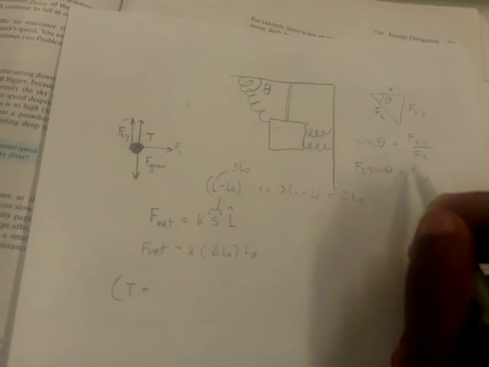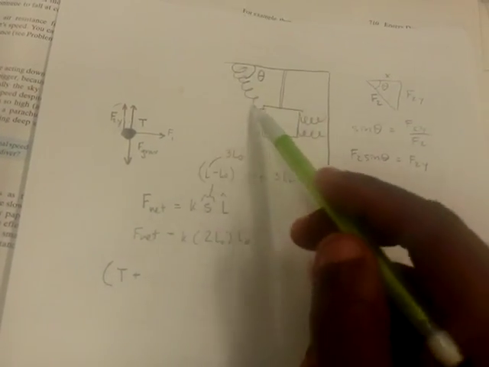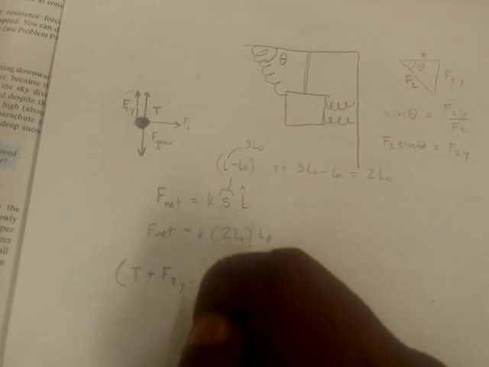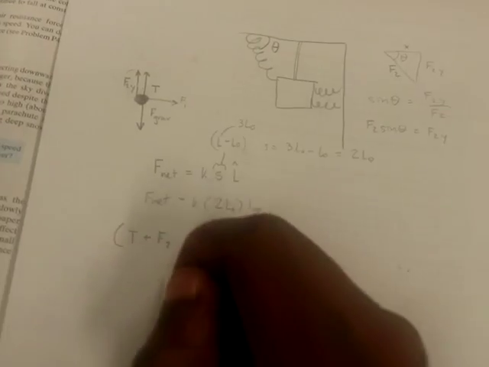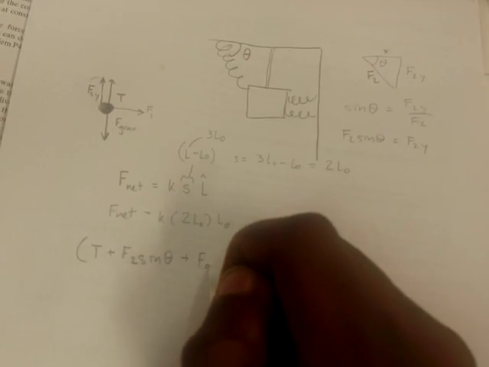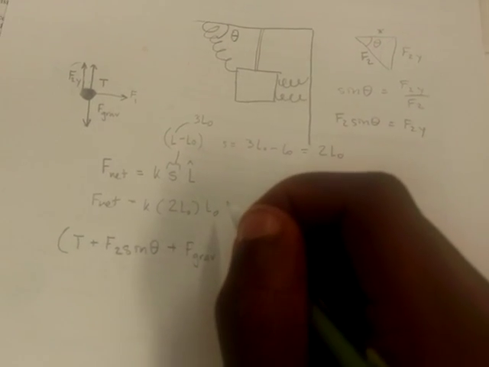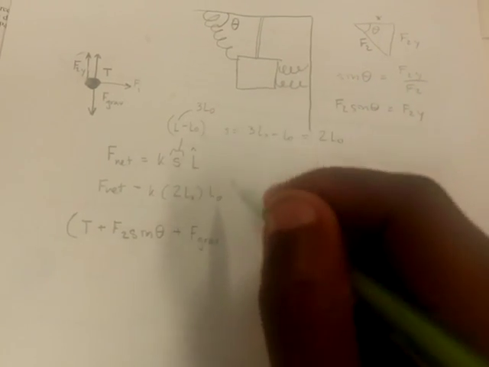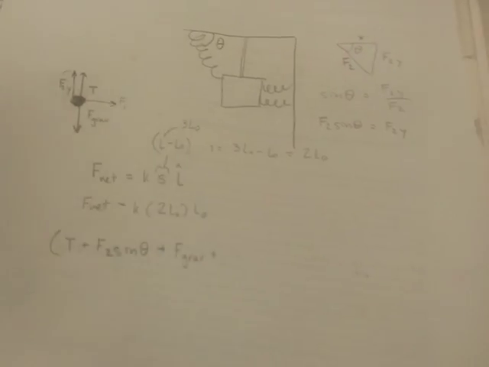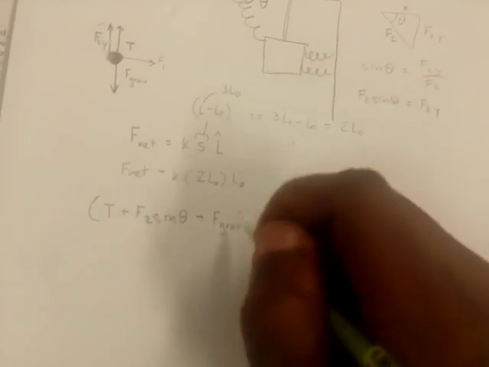So that's the force of this spring in the y direction. So FT plus F2y, or sorry, F2 sine theta, plus F grav. Okay, yeah, so we're only worried about the y direction, so let's do that.